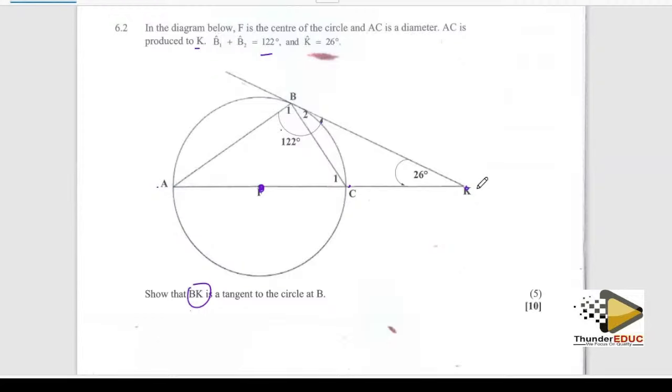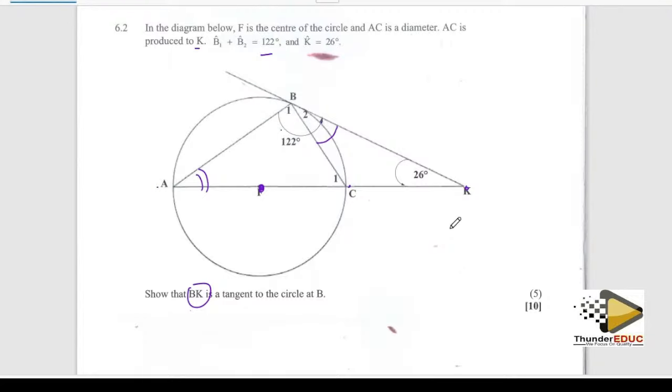For us to show that BK is a tangent, number one, we don't have any radius around. We need to apply the tan-chord converse. So if I can prove that B2 is the same as A, then that is enough for me to make this BK a tangent.